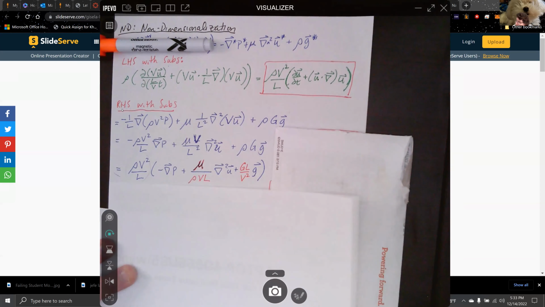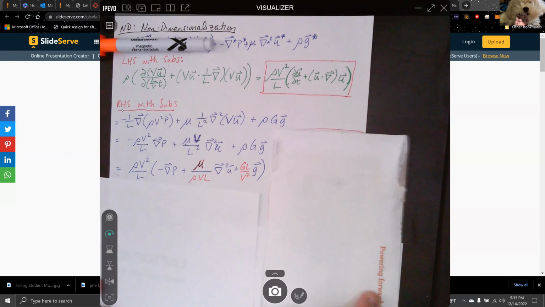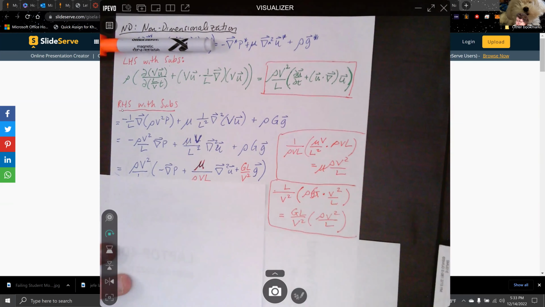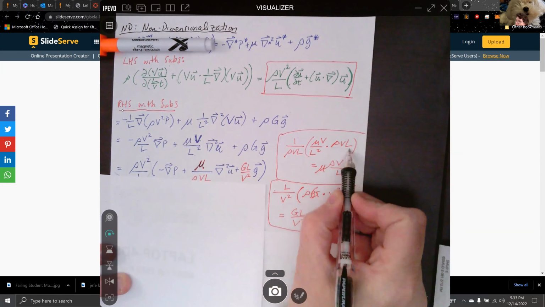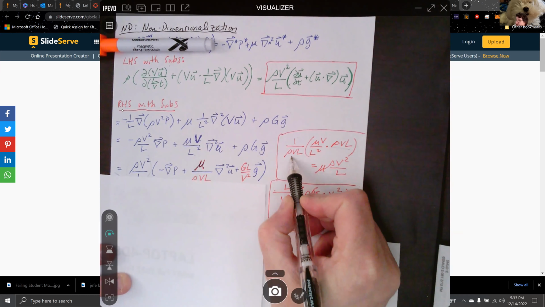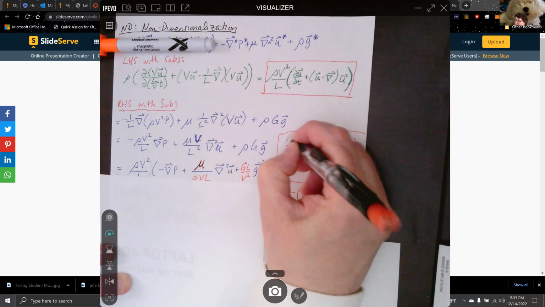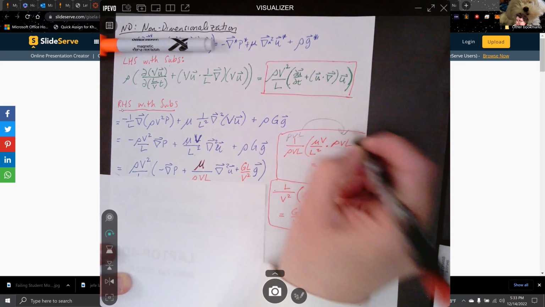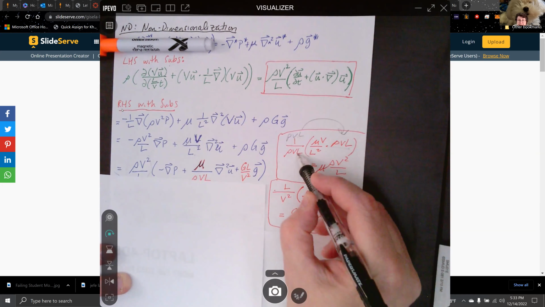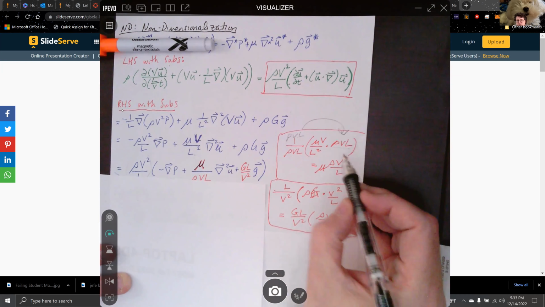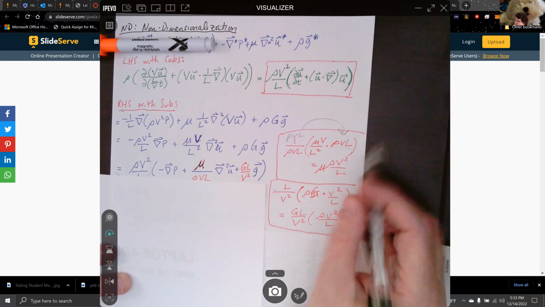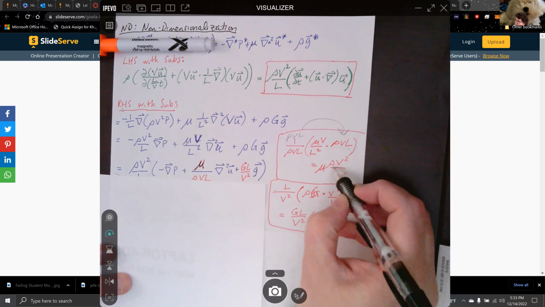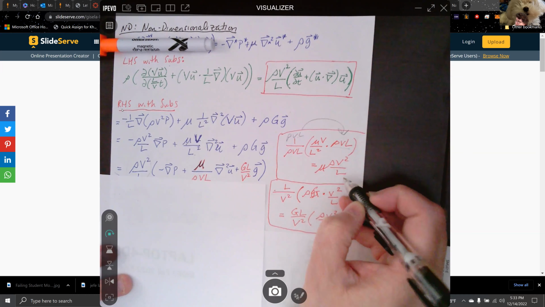For my mu V over L squared, I'm going to multiply it by rho VL over rho VL. Rho VL over rho VL is 1, so I haven't changed anything, but now I can treat this as mu times rho V squared over L on the inside.